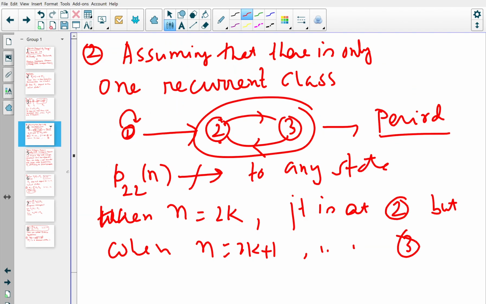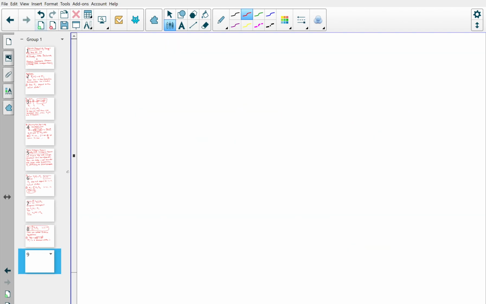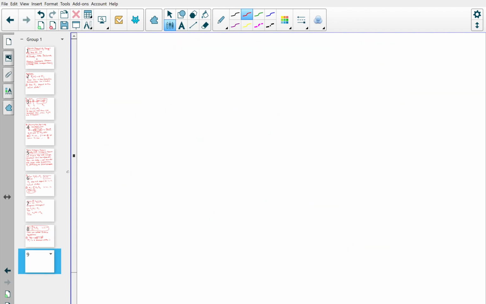These 3 equations give you the beautiful result called the steady state probability theorem, or convergence theorem. Now let us try to understand this in more detail. From the balance equation, pi j equal to summation pi k p k j, you can write this balance equation like this.